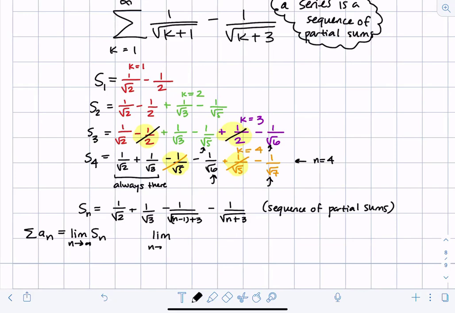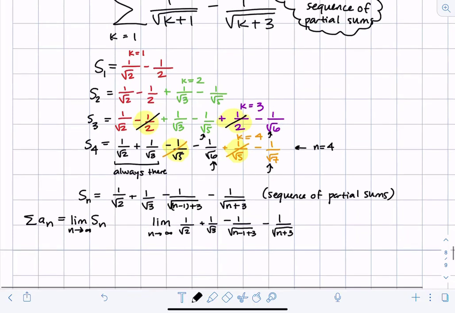So the limit as n goes to infinity of our S_n is 1 over root 2 plus 1 over root 3 minus 1 over root of n minus 1 plus 3 minus 1 over root of n plus 3. So pushing the limit through, the only two terms that are going to be affected by the n are these last two, and it looks like the denominator of these fractions is approaching infinity, so the fraction as a whole is going to 0.